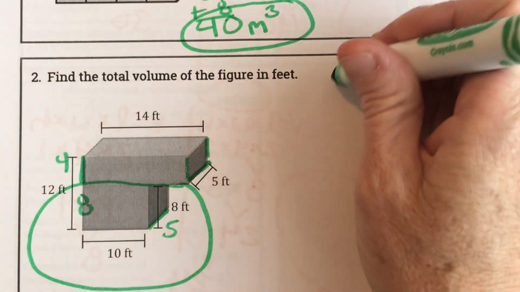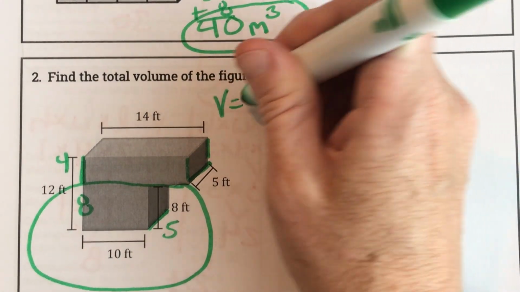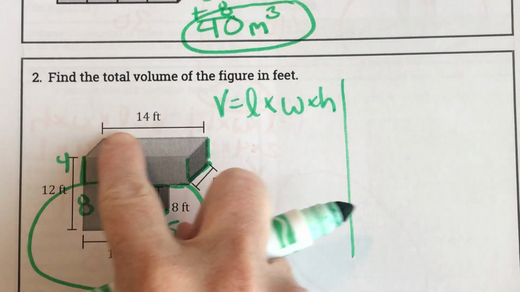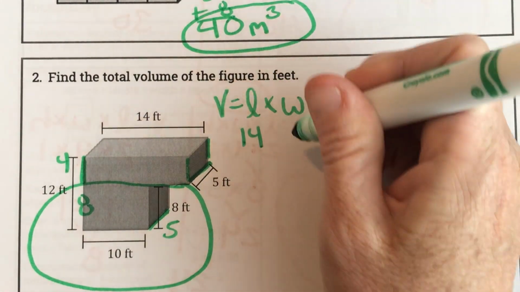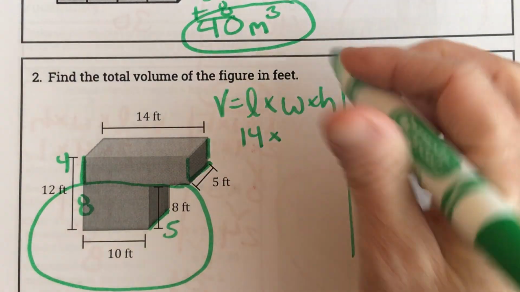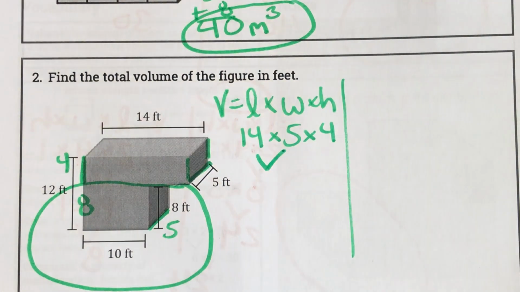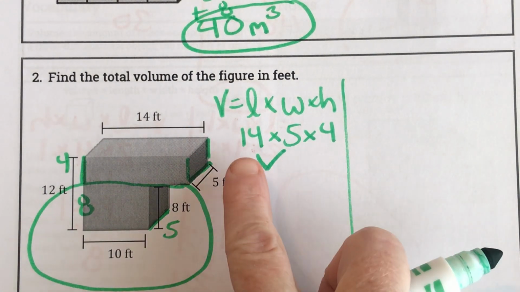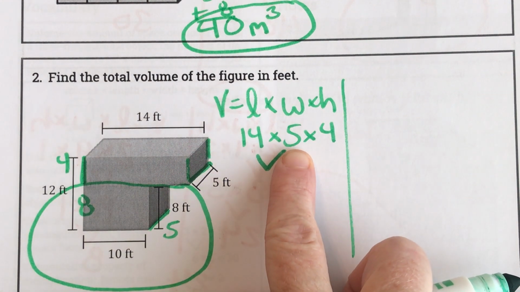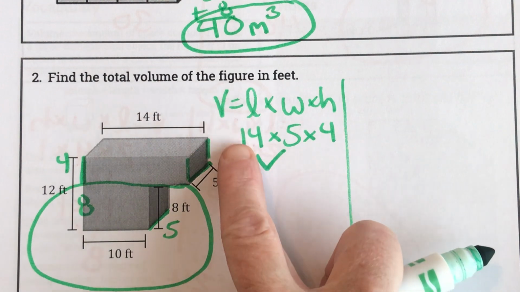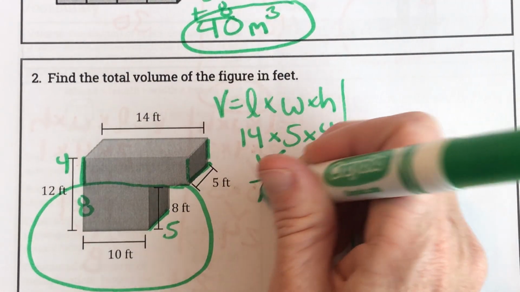Okay, ready? So volume equals length times width times height. I might do the top one first. My length is 14, my width is 5, and my height is 4. Okay, I probably would multiply this by saying 10 times 5 is 50, and 4 times 5 is 20, which means 14 times 5 is 70.